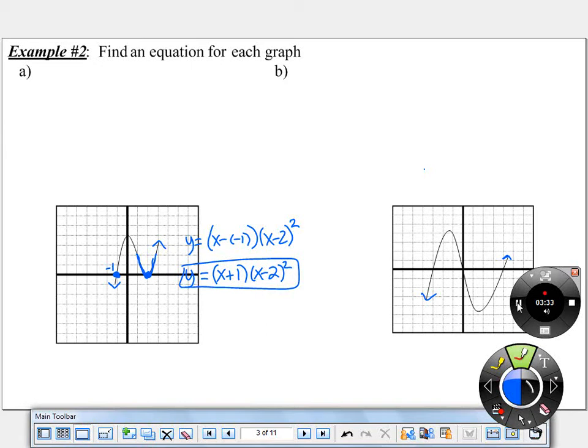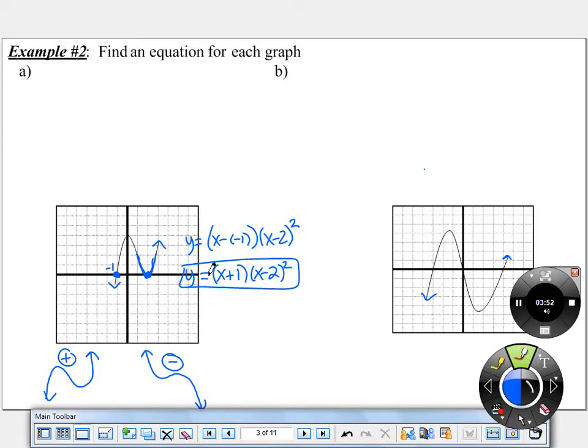So make a note here that a cubic with a lead coefficient that's positive, or something odd degree with a lead coefficient that's positive, goes this way, whereas if that lead coefficient was negative, it would go this other direction. So it's fine for us to keep this positive with our factors.